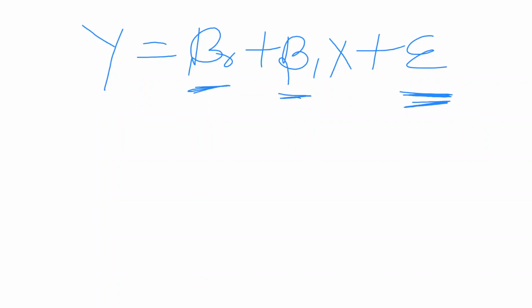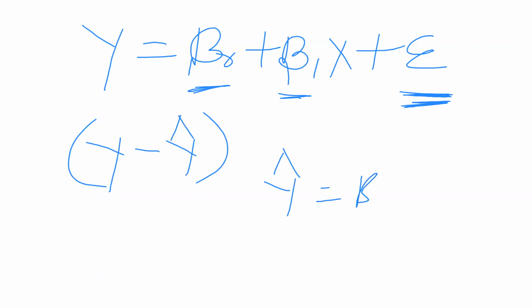The error term is actually equal to y minus y hat. Not y bar, but y hat, where y hat is equal to the estimation you get, beta naught plus beta 1 times x.